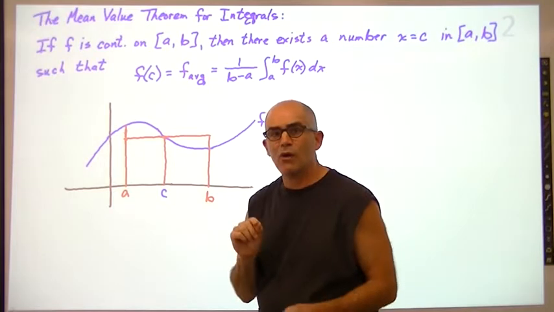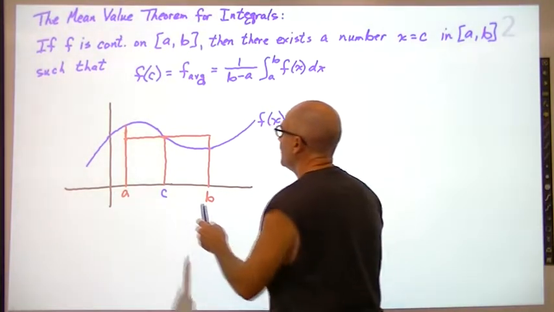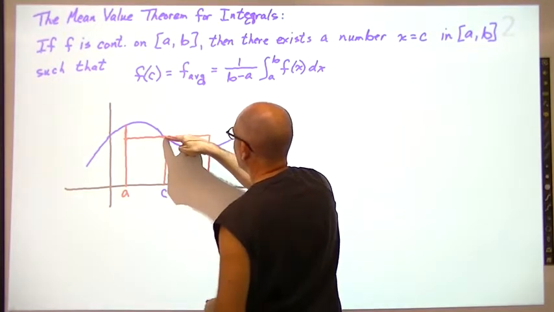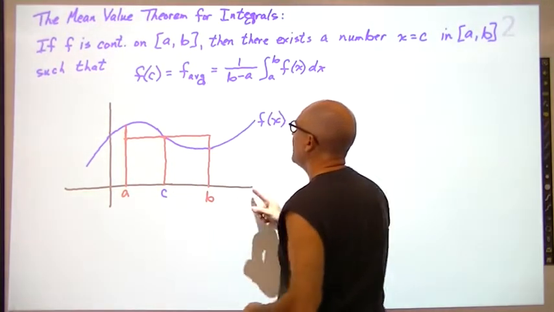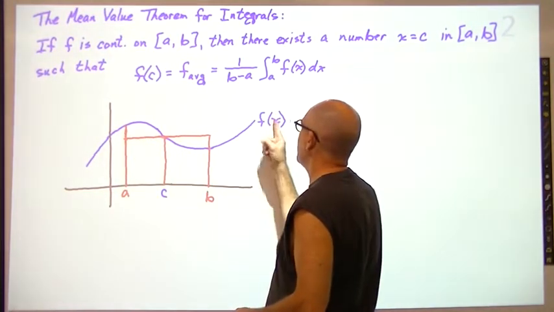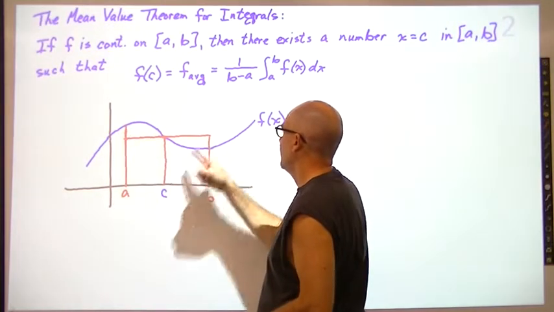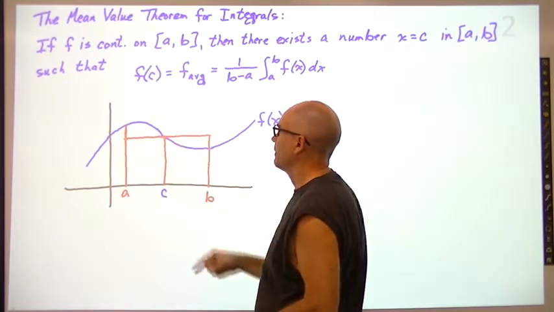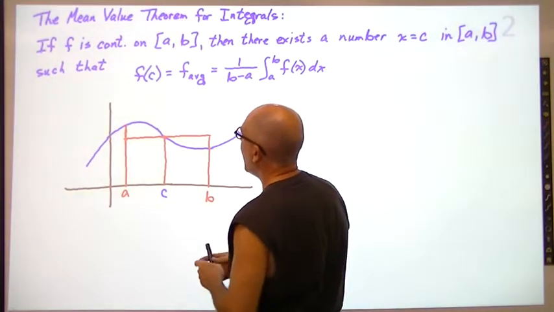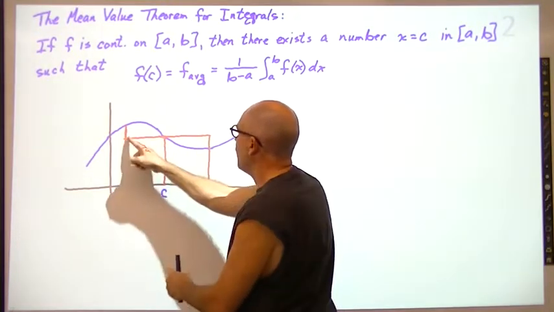Now, here's how you check that. Basically what we're saying is, if I take my average value C, then from A to B, the average value of this function is this level right here at C, f of c. So what that means is the area under the curve has to equal the area of this rectangle.